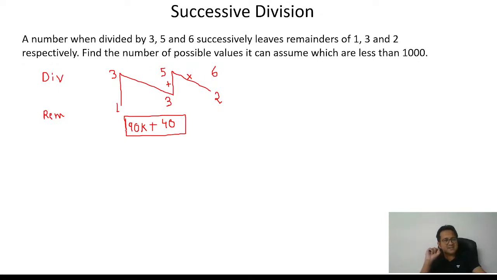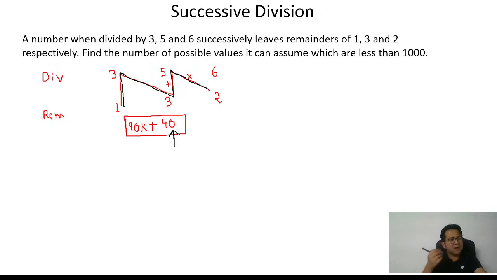But remember, successive division was all about following this path. Again, I'm repeating it. 2 into 5, 10. 10 plus 3, 13. 13 into 3, 39. 39 plus 1, 40. So the first number which satisfies this condition is 40.